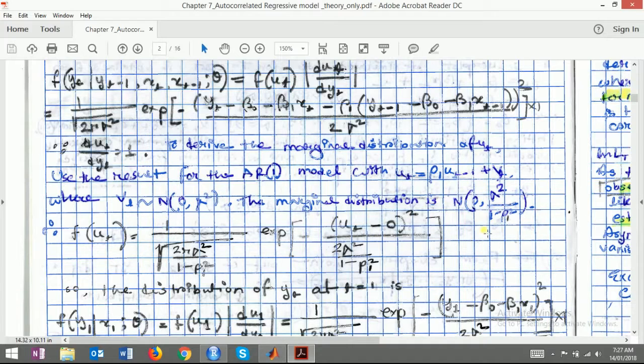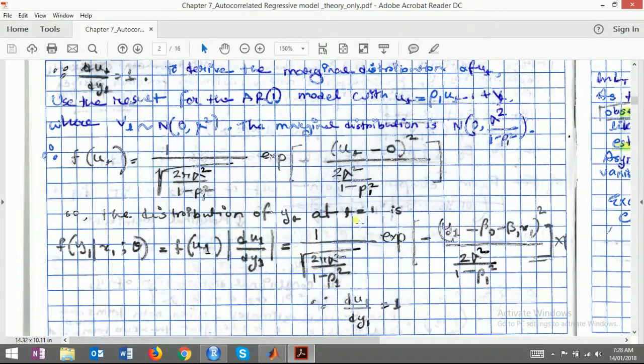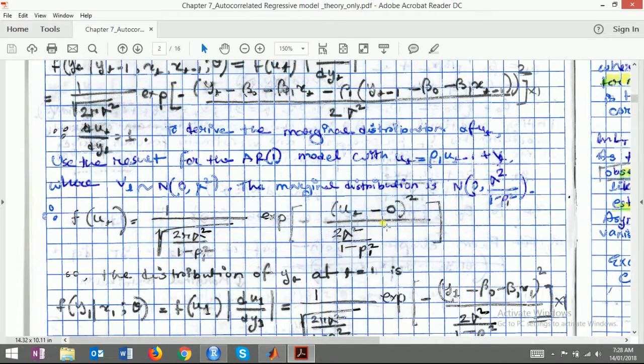So the marginal distribution function is 1 by root over twice pi sigma square divided by 1 minus rho 1 square, the rest remains the same, ut minus 0 whole square, simply ut square divided by 2 sigma square as before, but sigma square is not alone because the variance is sigma square by 1 minus rho 1 square, so it will come up. So ut square divided by this portion.